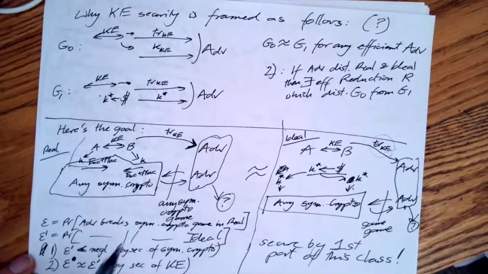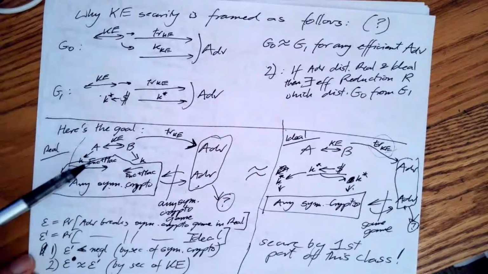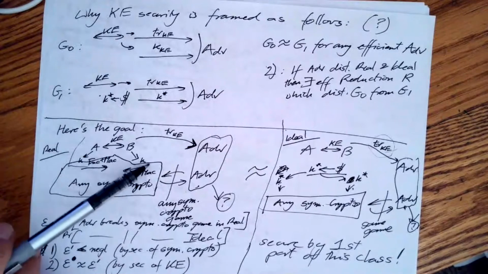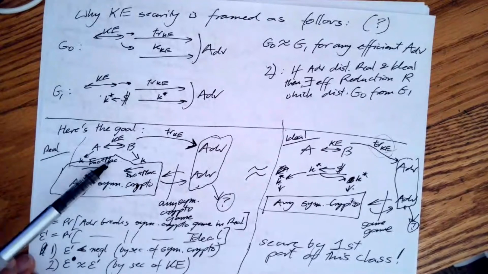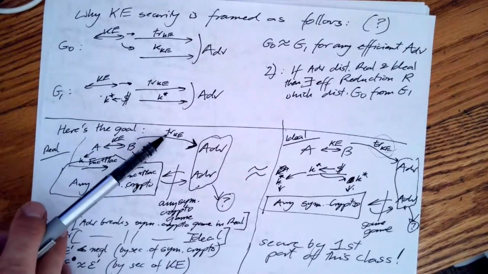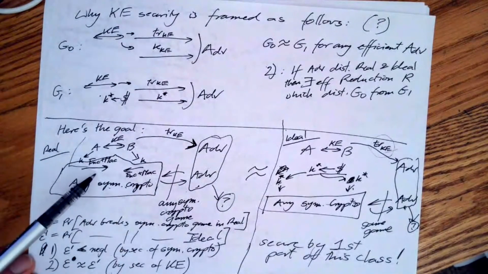How would this reduction work? It gets a transcript and a key. And then the reduction uses this key for symmetric crypto, emulates all these processes, gives the transcript to the adversary straight away, and uses the key to emulate this.